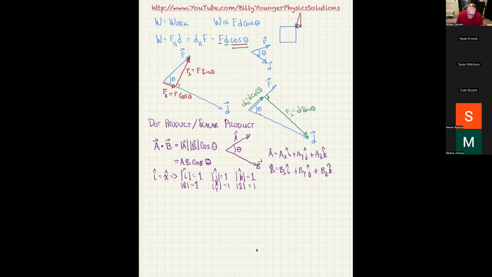k hat. And now I'm going to use something that might not seem that reasonable to you. I'm going to just assume that something's true about the dot product because I remembered learning this process in pre-algebra and later in algebra 1 and algebra 2.